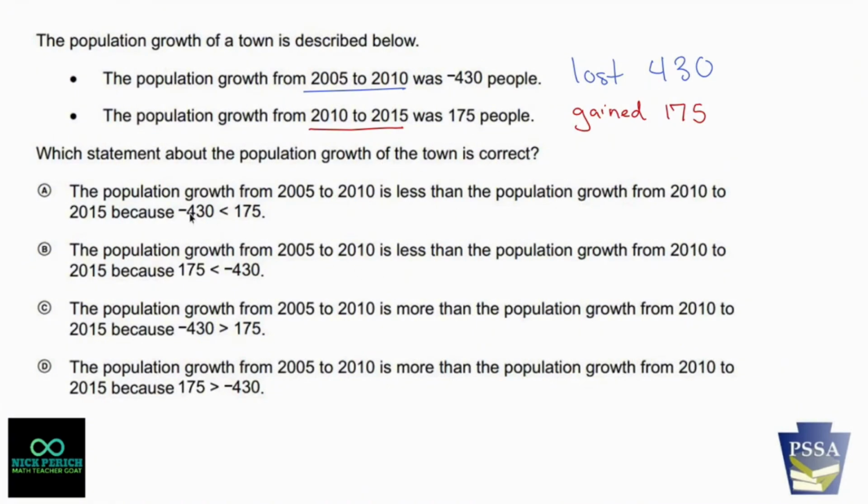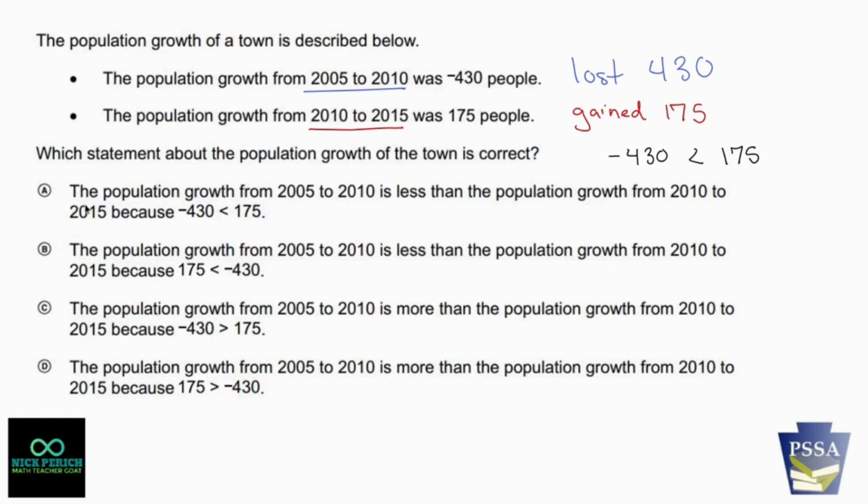So what it's doing is it's giving us these numbers with symbols. So if we want to get ahead of everything, we could say something to the effect that negative 430 is going to be less than 175.